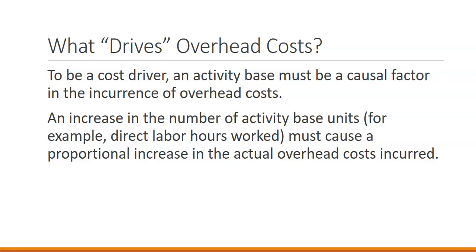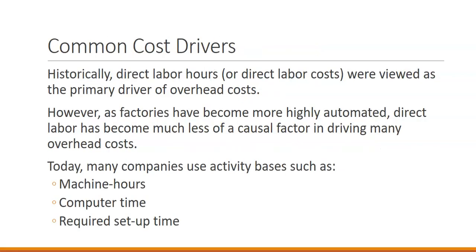And we decide what causes the most use of our overhead. Is it direct labor? Do we have a correlation between direct labor and the amount of overhead that we apply to our product? If yes, there is a correlation between the two, then direct labor is our cost driver for overhead. We can see some examples for cost drivers here.